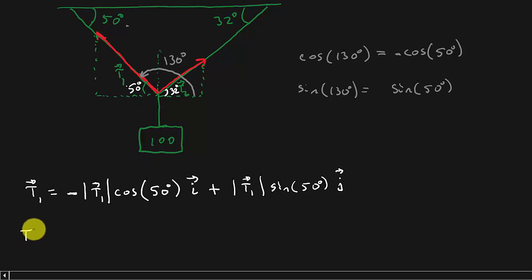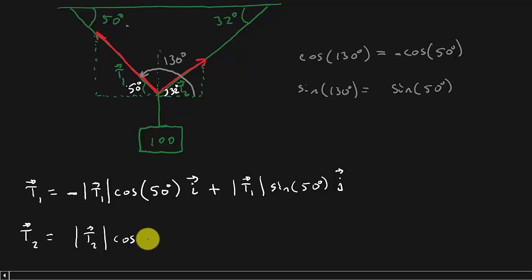And then we're going to do the same thing with T2. So that's going to be the magnitude of T2. And this vector is going this way, so that's going to be the 32 degrees.